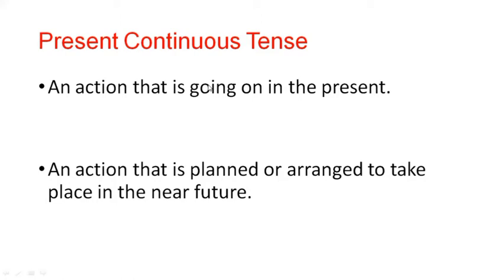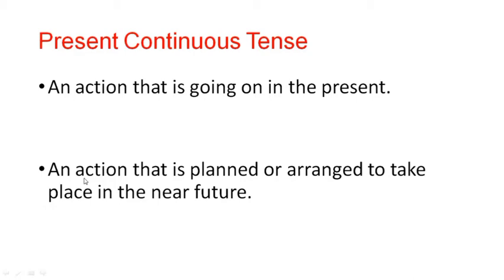That should come under present continuous tense. I'm teaching English grammar to my students. Here I have to use present continuous tense because at this point of time I'm doing this action. So it is continuous tense. I'm continuing the action. Now I'm teaching.